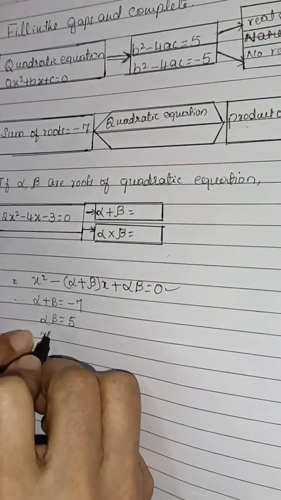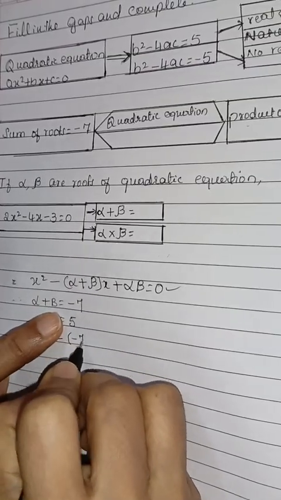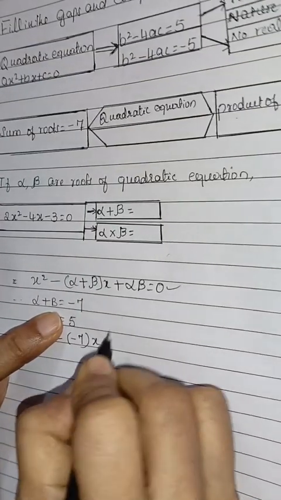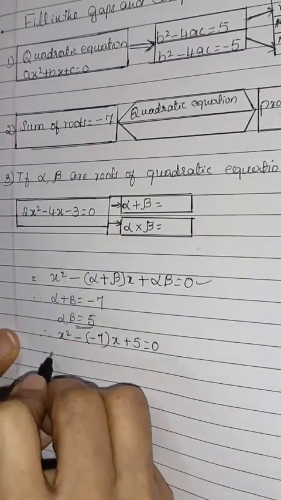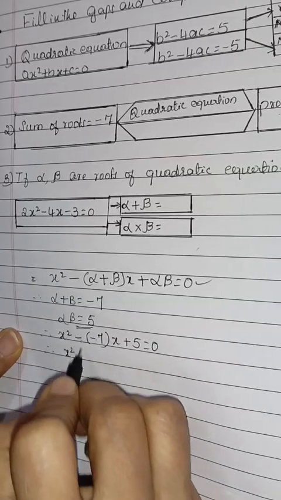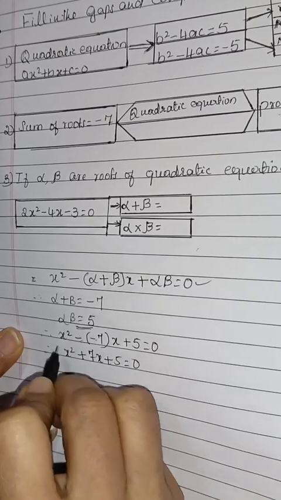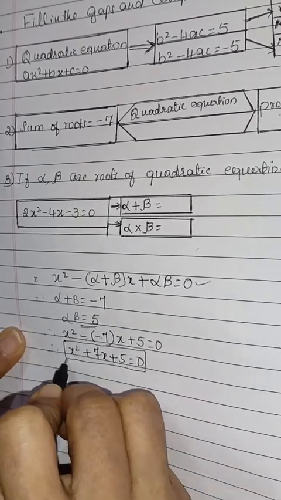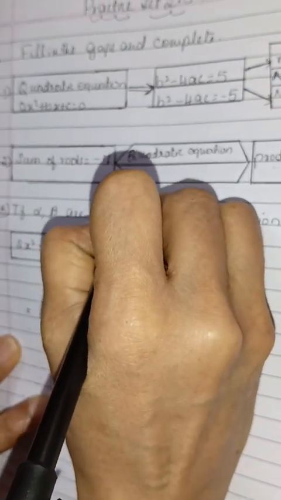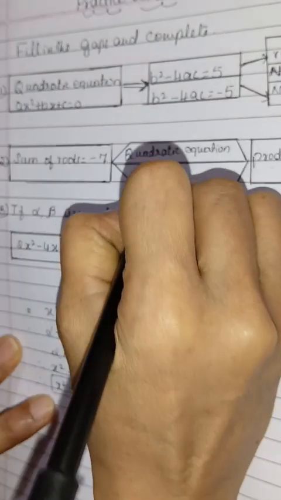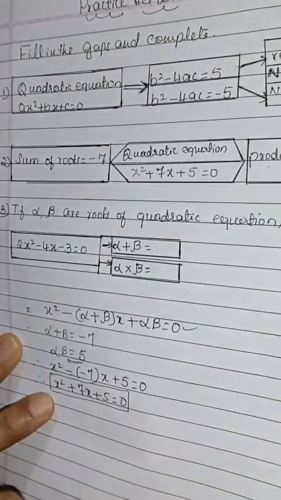Therefore x square minus (alpha plus beta, which is -7) x plus alpha beta, which is 5, equal to 0. Therefore x square plus 7x plus 5 equal to 0. This is the answer we have to write in this box.